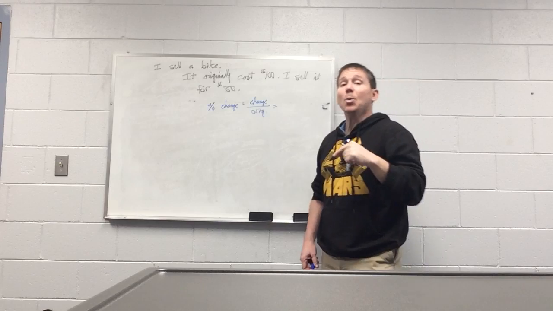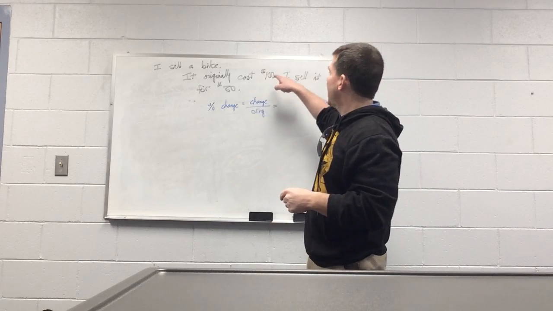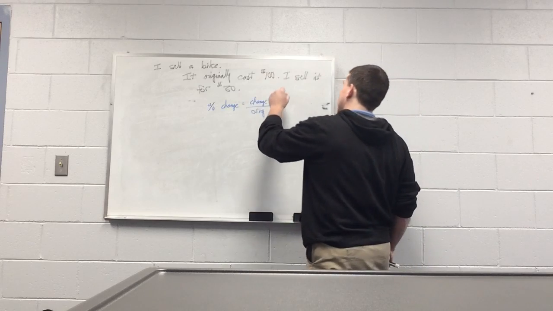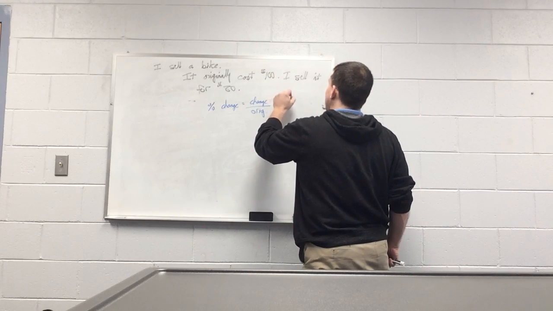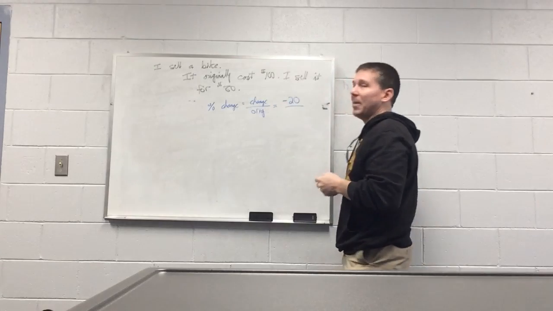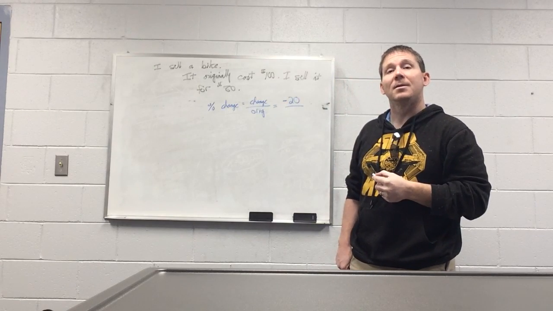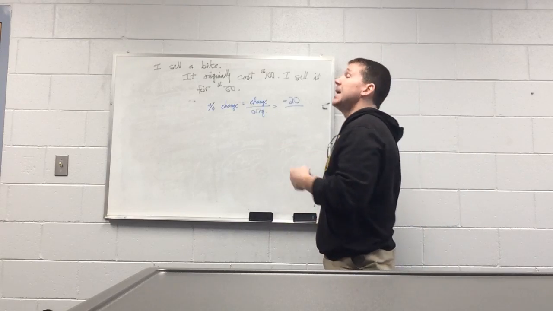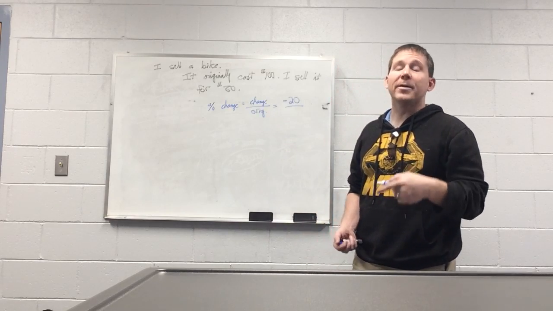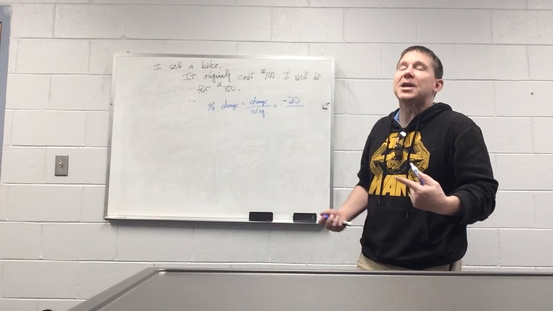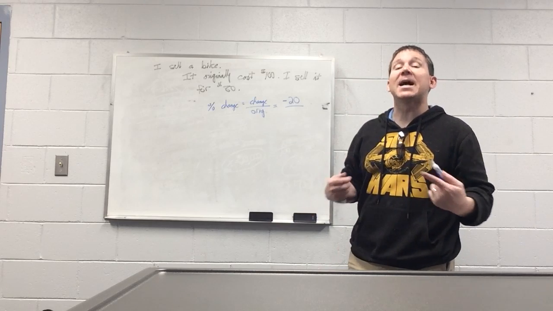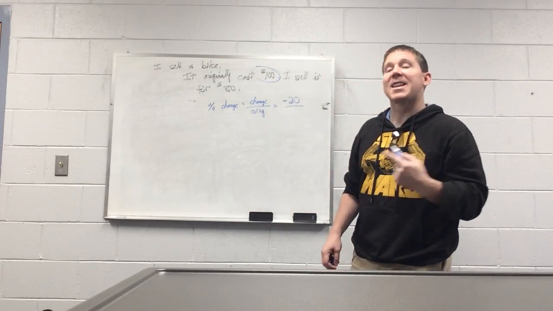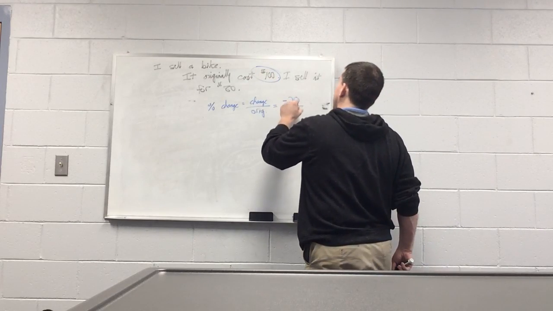In this case, what's the change? The bike went from $100 to $80, so it's actually minus 20 because it went down by $20, over the original. The original price is not the biggest number or the smallest number. It changes based on the problem. It's the starting number. And in this case, this is what it started at. That's my original.